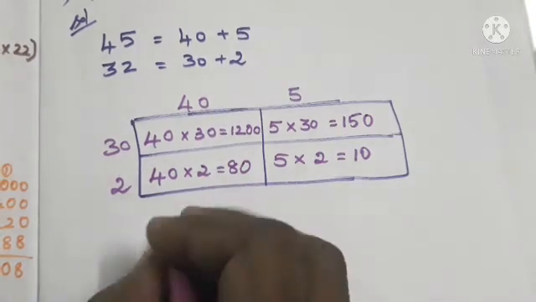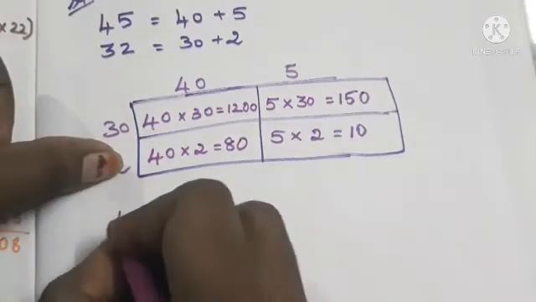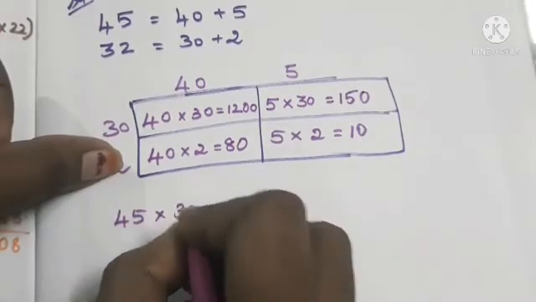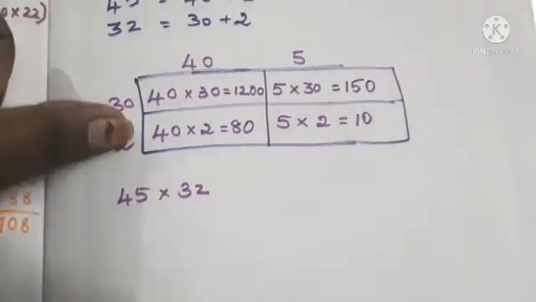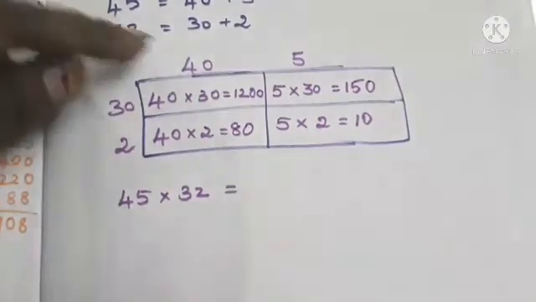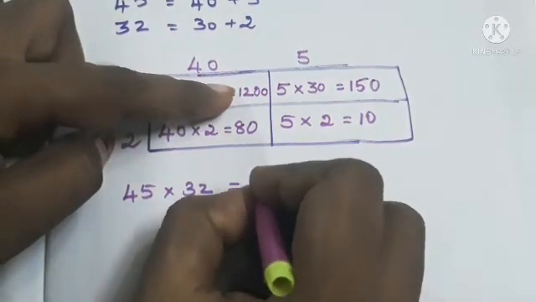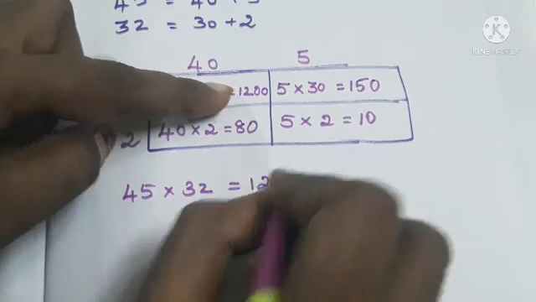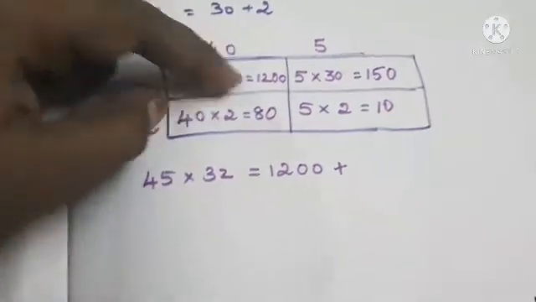Okay, in the next line we can write, our question is 45 into 32, isn't it? So 45 into 32 is equal to, next we have to add all the products whatever we get in these boxes. First box we got 1200 as a product, and from the left side to right we can write.